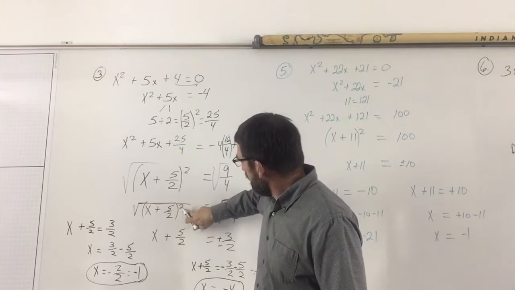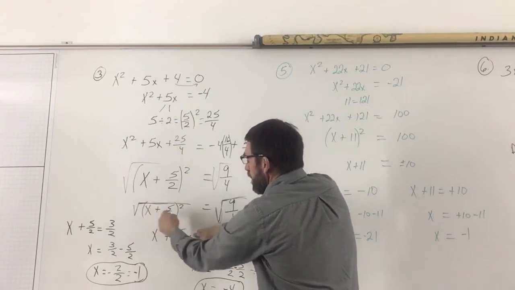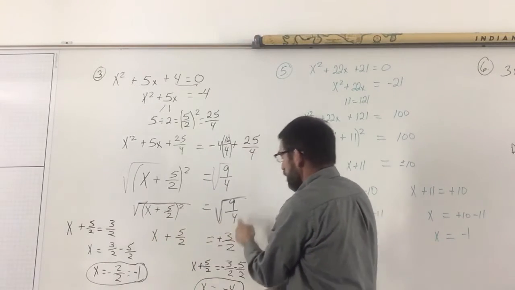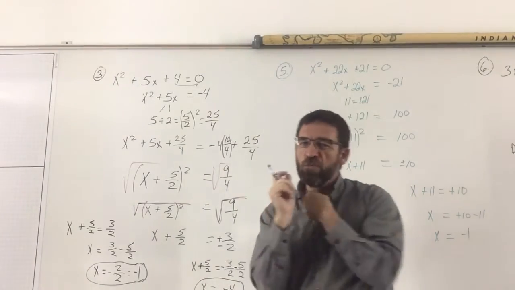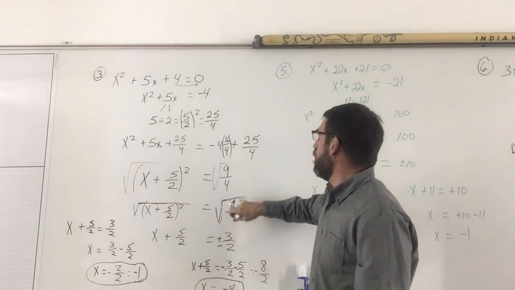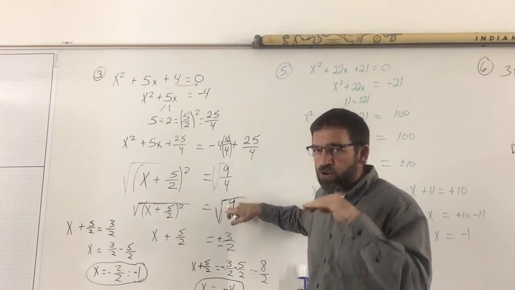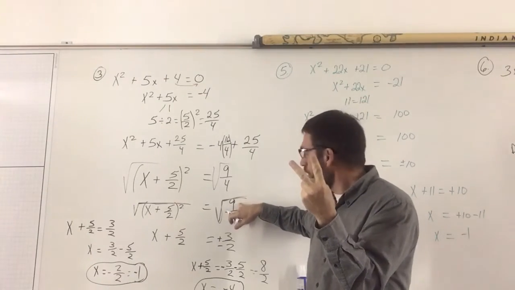It eliminated the parentheses, and the square root of x plus 5 over 2 squared is x plus 5 over 2. Then I also took the square root of this here, which you take note of: normally if it's a whole number it's much easier, but here it's 9 over 4, so that means I take the square root of 9 and the square root of 4. You work your fractions just like whole numbers, except too. Okay?